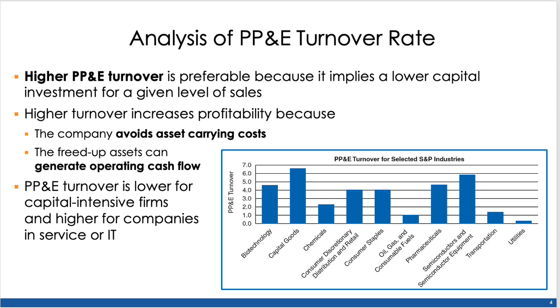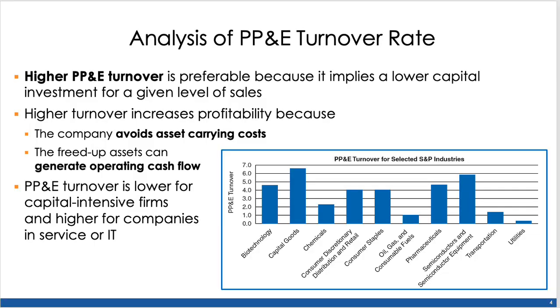As you can see, given a choice, a higher PP&E turnover is preferable because it implies a lower capital investment for a given level of sales. For a particular level of sales you're trying to accomplish, you can do it with less CapEx rather than more. Higher PP&E turnover increases profitability because the company can avoid asset carrying costs, and it frees up assets to generate operating cash flow.